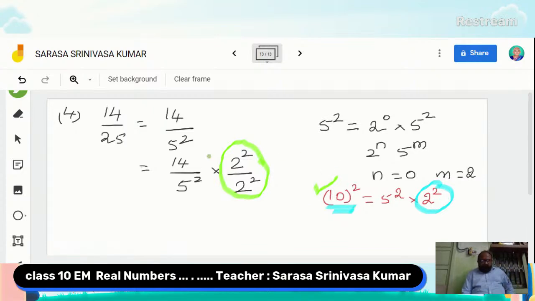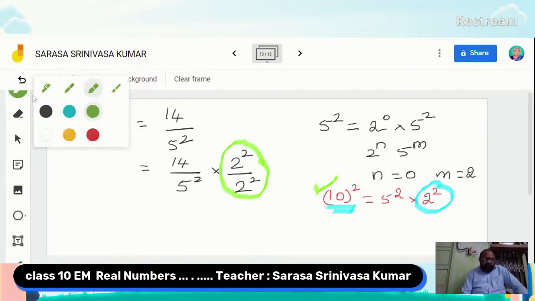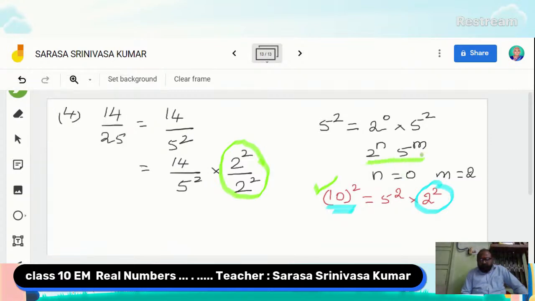We want to convert the given rational number into a terminating decimal number, because the denominator of the given rational number is of the form 2 power n, 5 power m. We must write all these theoretical steps.